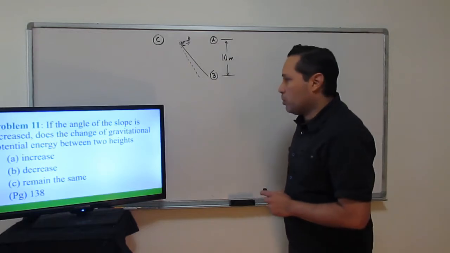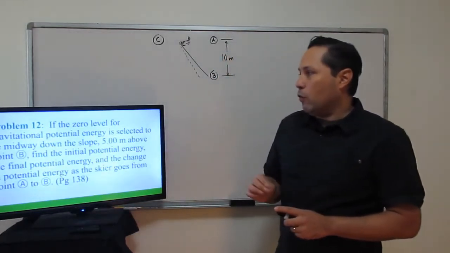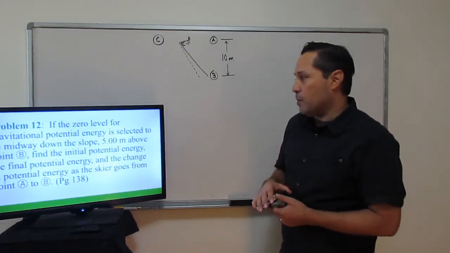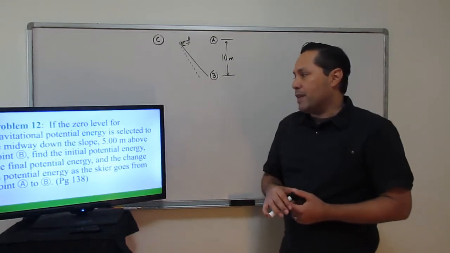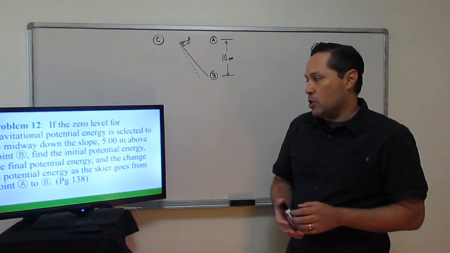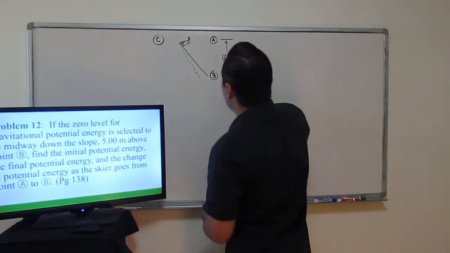Let's go ahead and move along to problem number 12. Problem number 12 says, if the zero level for the gravitational potential energy is selected at the midway point, which is 5 meters above point B, find the initial potential energy and the final potential energy and the change in potential energy as the sphere goes from point A to point B. So let's go ahead and do that one.